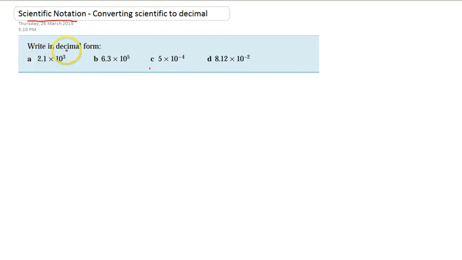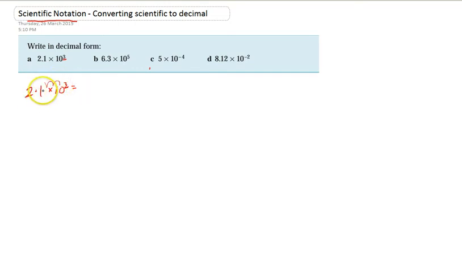If you were to write in decimal form 2.1 times 10 to the 3, because it's a positive power, it means the number is going to be bigger than when it started. So to convert 2.1 times 10 to the 3 to a decimal number, you really just need to take this decimal and move it this many spaces to the right to make the number bigger.